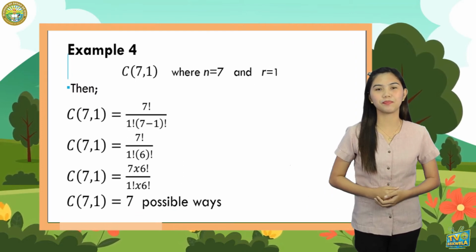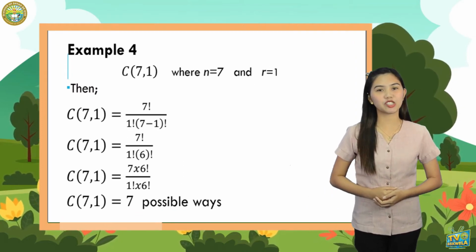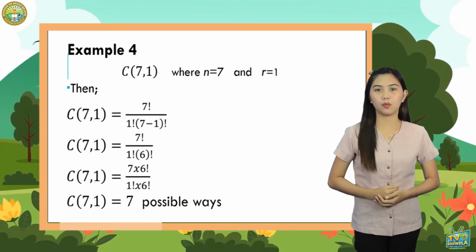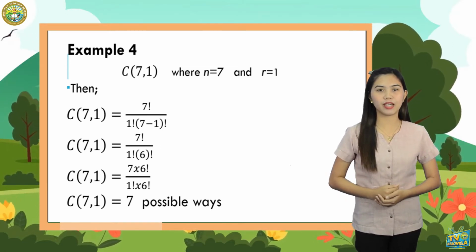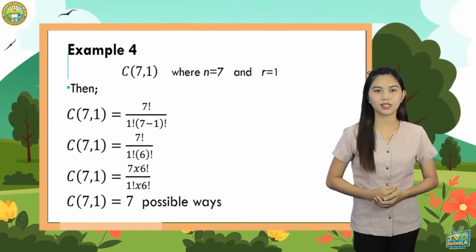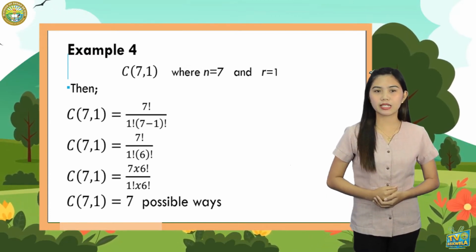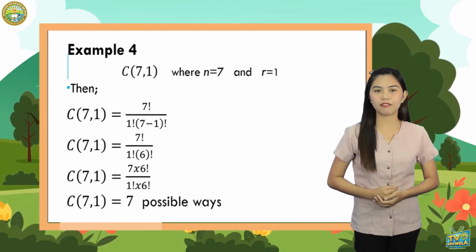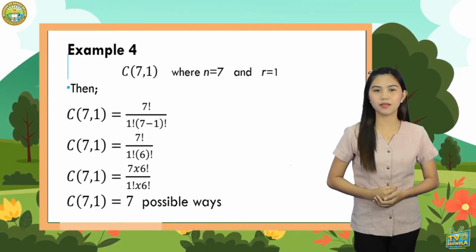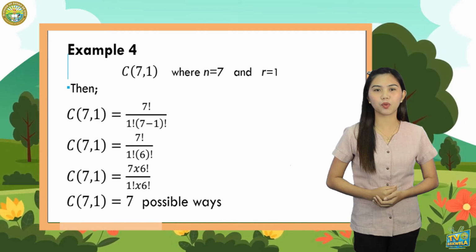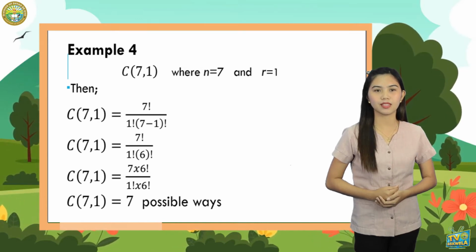Fourth example. How about combination of 7 objects taken one at a time, where n equals 7 and r equals 1? Then, C(7,1) equals 7 factorial over 1 factorial times (7 minus 1) factorial.